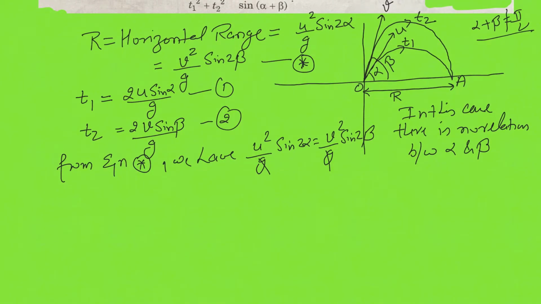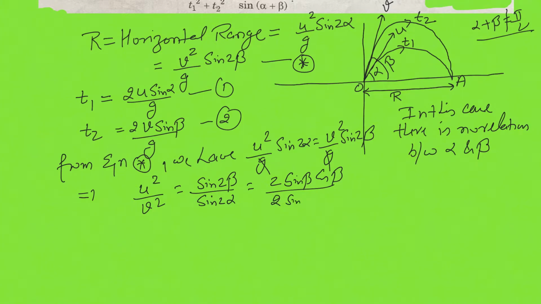This implies that u square by v square is equal to sine 2 beta by sine 2 alpha. So this will be 2 sine beta cos beta divided by 2 sine alpha cos alpha. 2 to 2 will cancel out. This will be sine beta cos beta by sine alpha cos alpha, and you will name it as equation number 3.